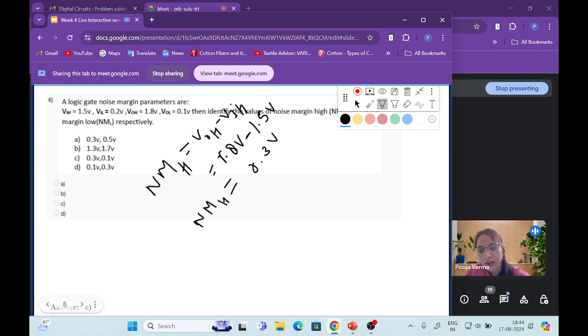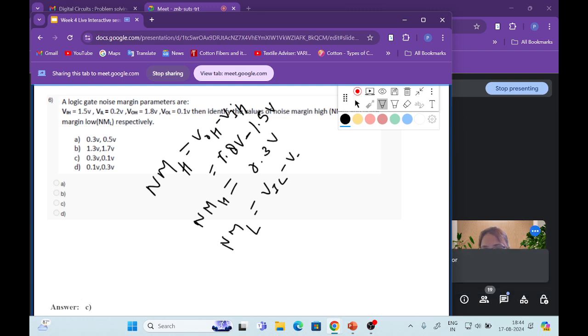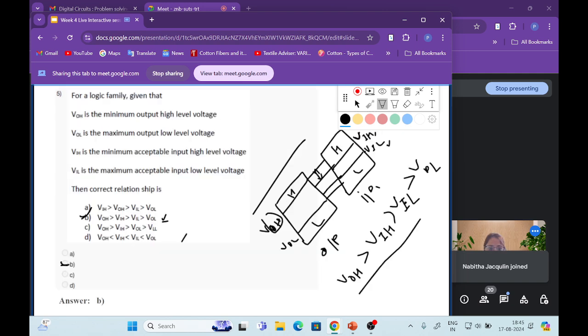Now we need to find out noise margin at low level. Again, from that previous figure, the formula can be written as VIL minus VOL. Here we are writing the input low level first, then the output low level, because the input low level is greater than the output low level.